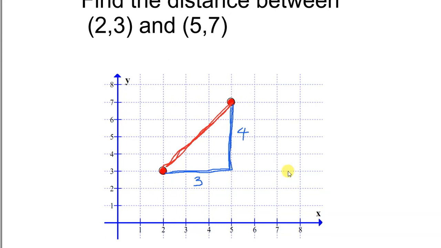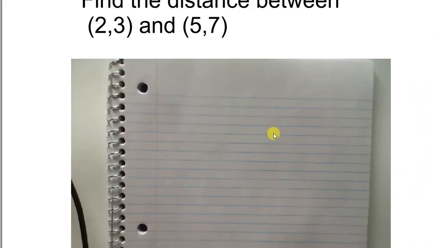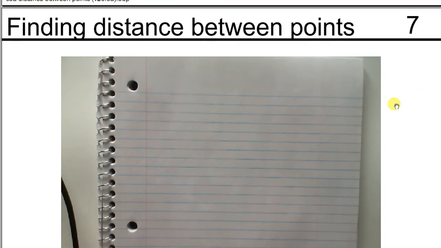So let's start our notes. Our title is finding distance between points, so let's go with our name.